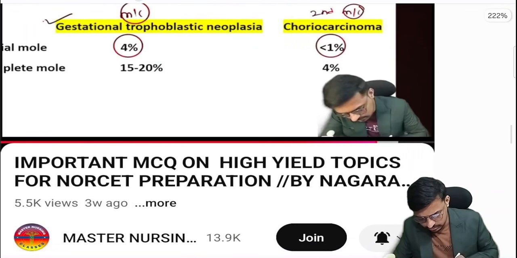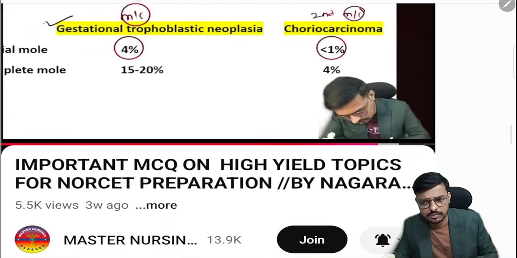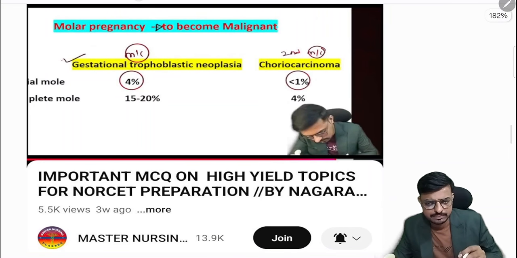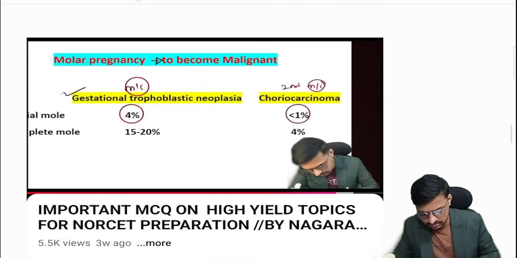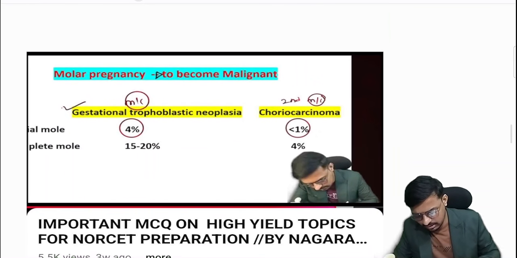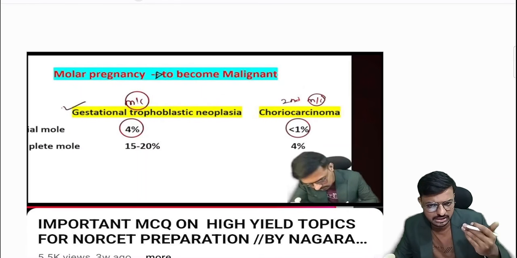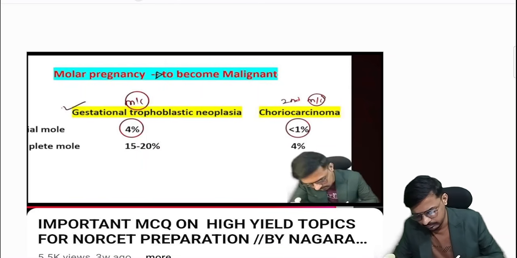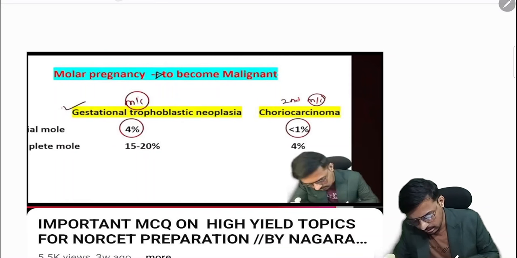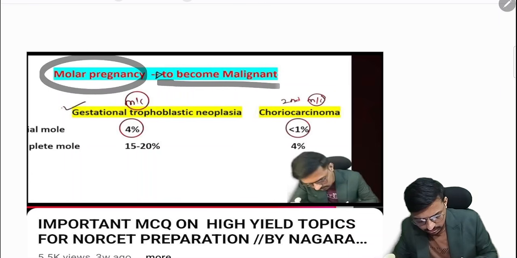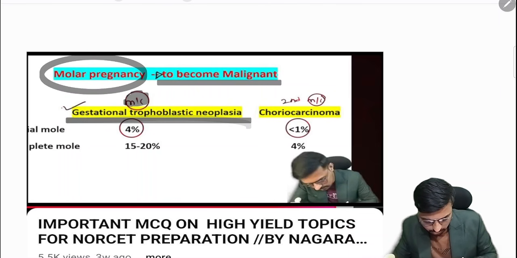This question was asked from your very important MCQ on the high yield topics for the Norcet preparation. Nagraj sir told in the same concept in your prelims exam that a molar pregnancy may convert into a malignant condition. Most commonly it converts into gestational trophoblastic neoplasia. That is the thing I have explained to you people.